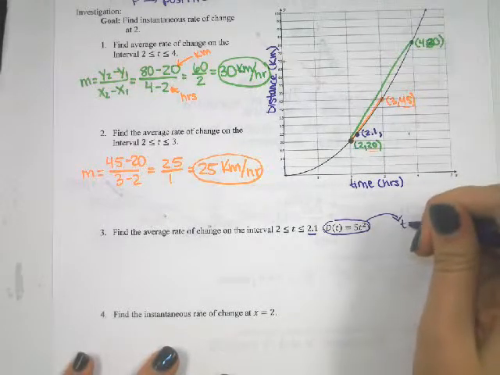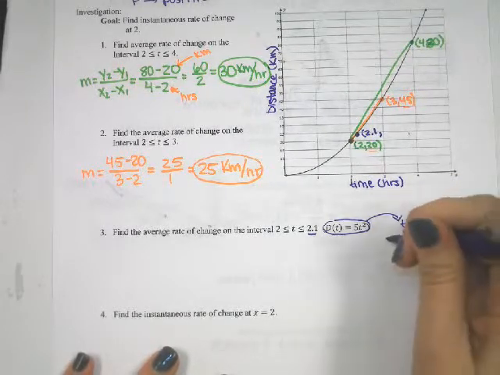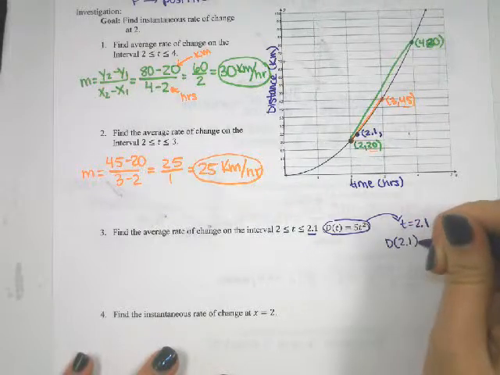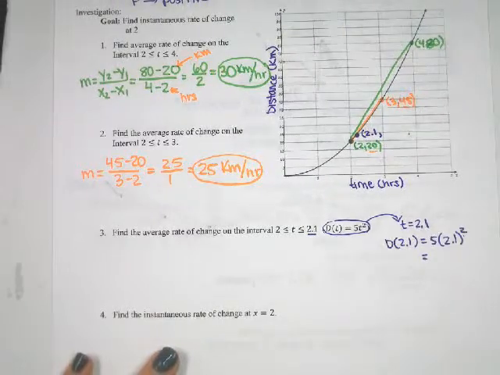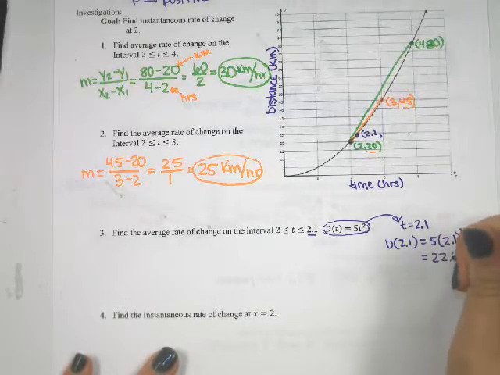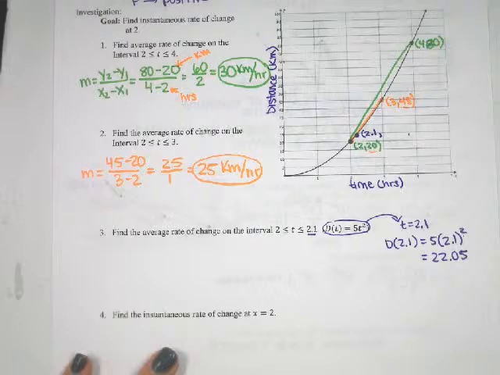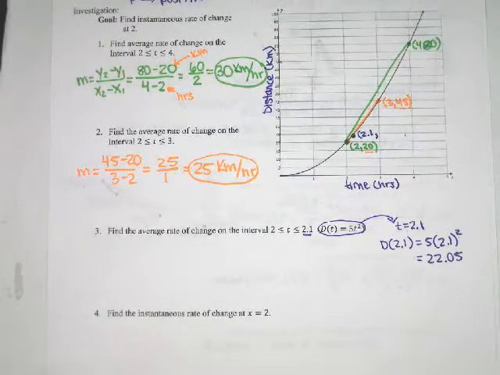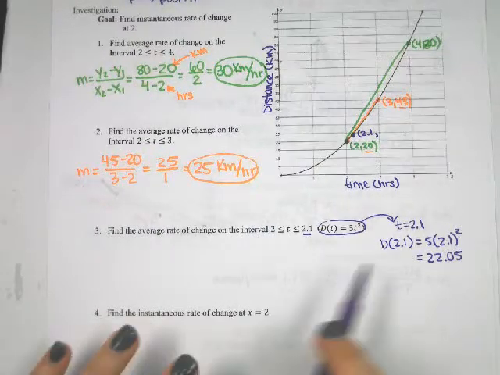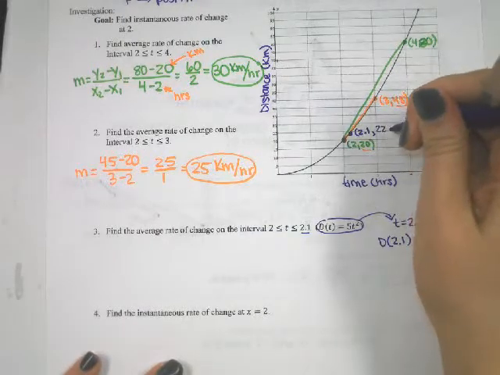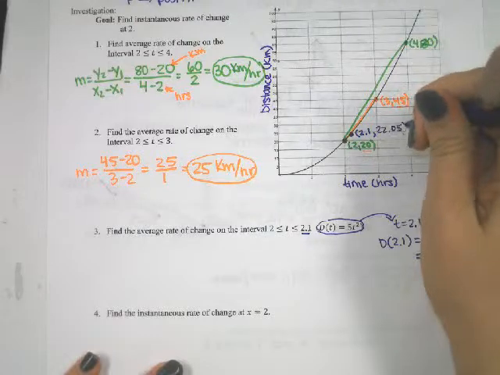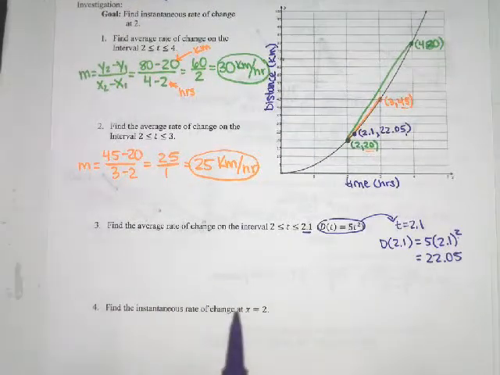So when t is 2.1, we plug that into the formula, and that tells us the value of the function at that point. So 22.05. So when x is 2.1, y is 22.05.